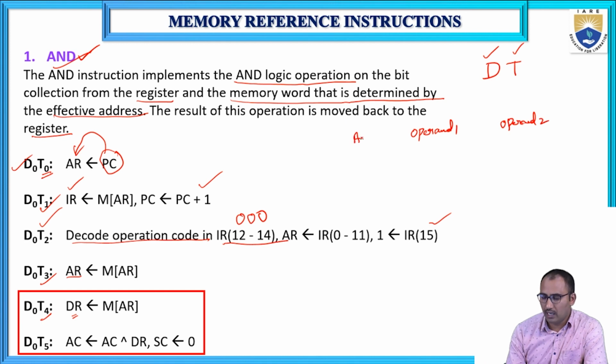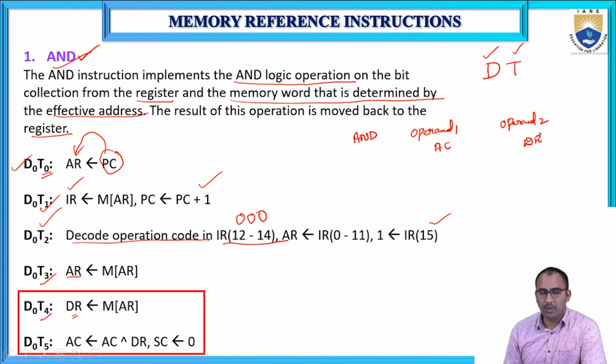We are performing the AND operation between the accumulator register and the data register.